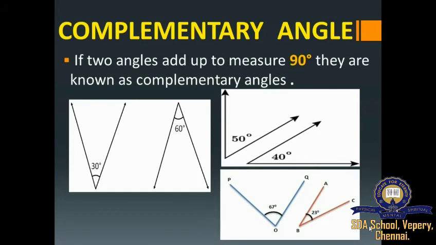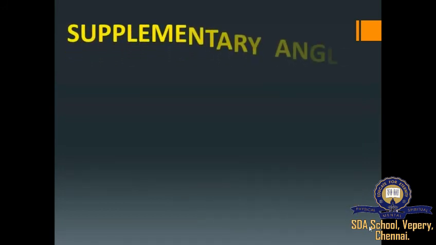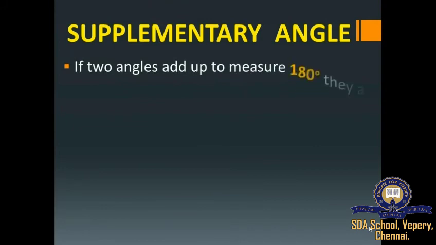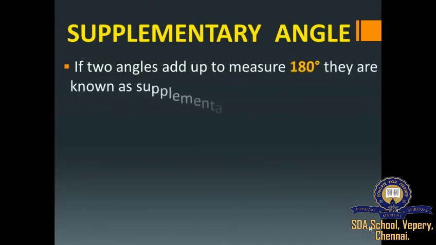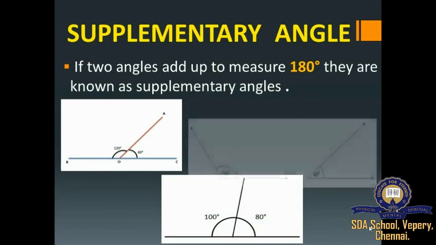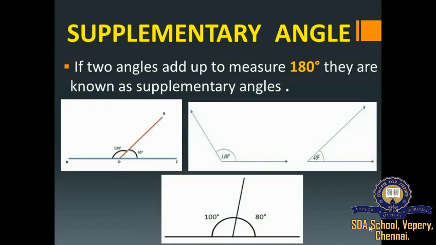Okay, and next we moved on to the supplementary angle. And if two angles add up to measure 180 degrees, they are known as supplementary angles. Okay, that is, two angles are supplementary to each other if they add up to 180 degrees. Okay, and then we saw the examples of supplementary angles.